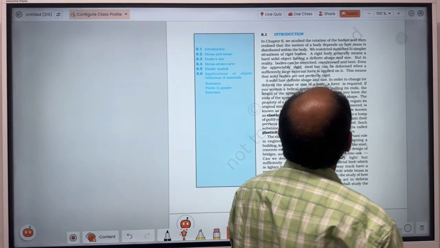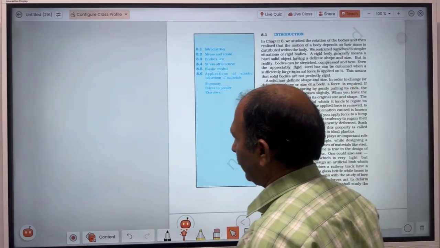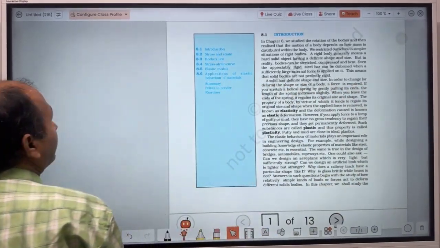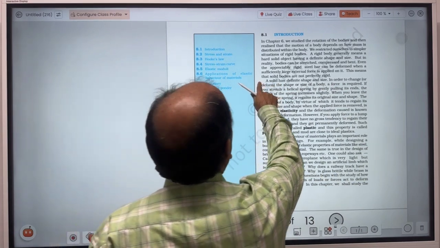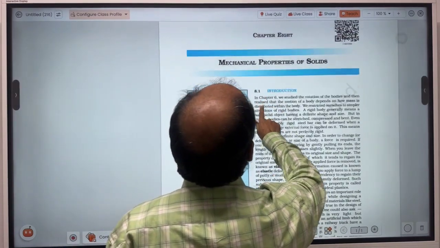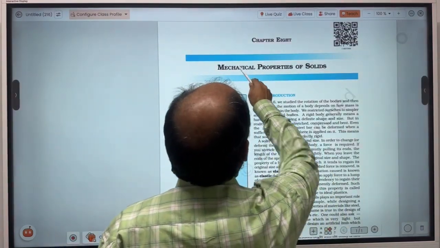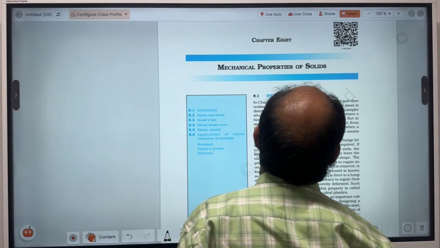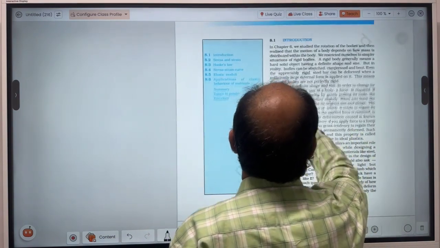Today we are going to start with the second book of physics class 11th, chapter number 8, entitled Mechanical Properties of Solids.